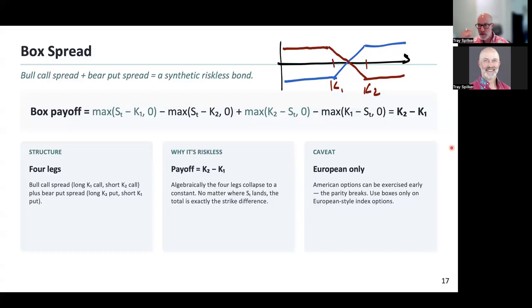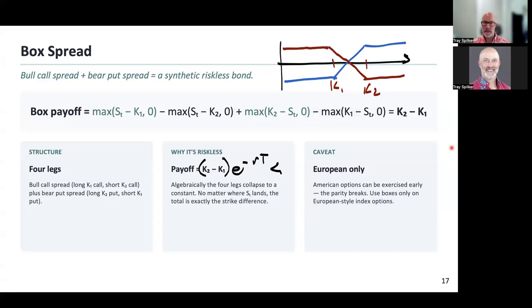So if the markets are frictionless and we're using European style options, it must be the case that this payoff is actually just the present value of the difference between K2 and K1, according to theory. So if you could buy this box for less than this value, then you can engage in an arbitrage because you're basically borrowing at below market rate.